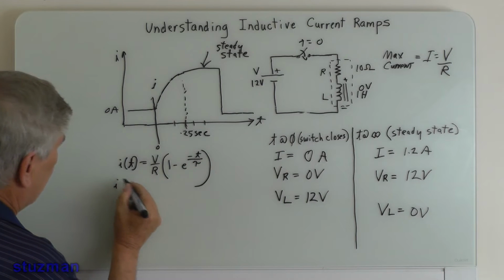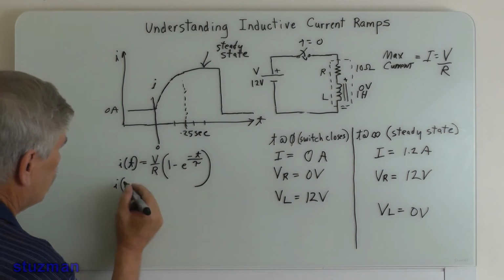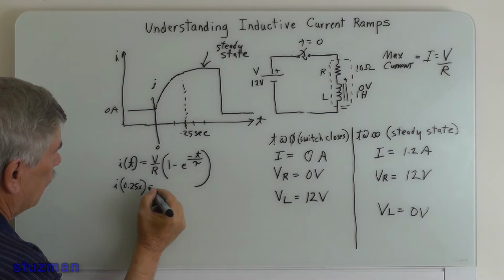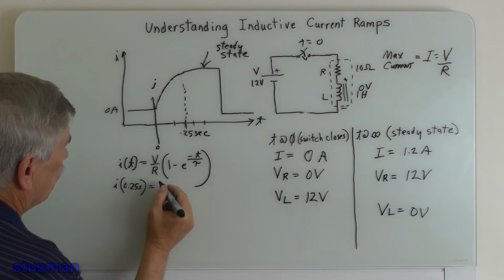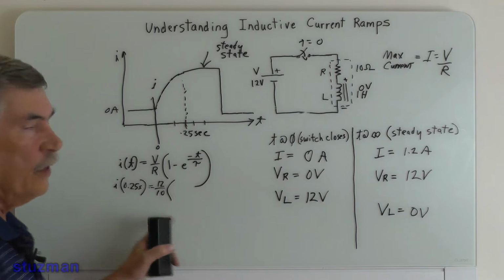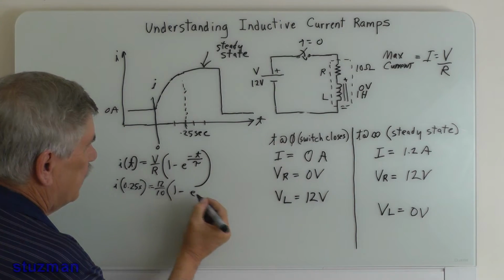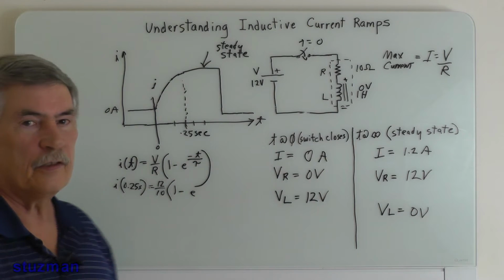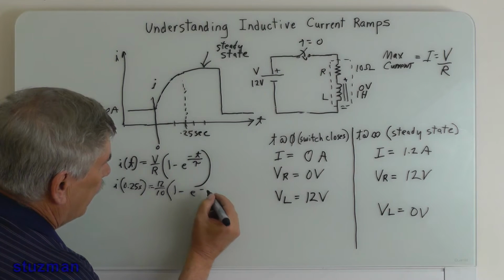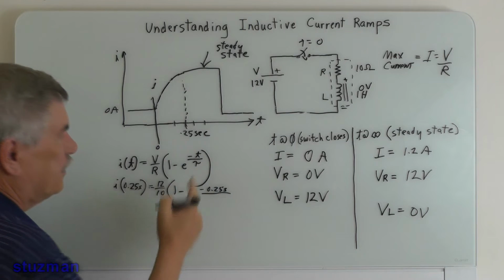Now, a time that we're interested in is 0.25 seconds. So let's go ahead and put that in. Then we want to know what the max current is, so that's 12 divided by 10, which we know is going to be 1.2 amps. Then we're going to say 1 minus E to the minus T, where T is the time we're interested in, 0.25 seconds, divided by tau.